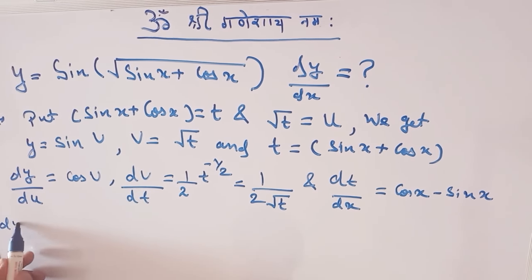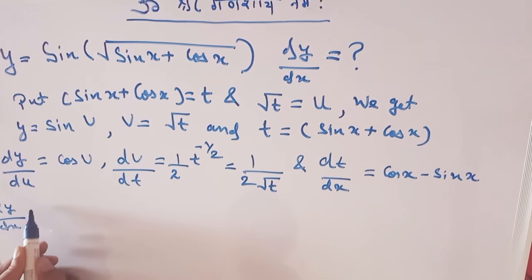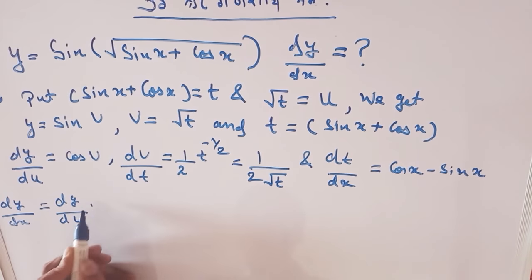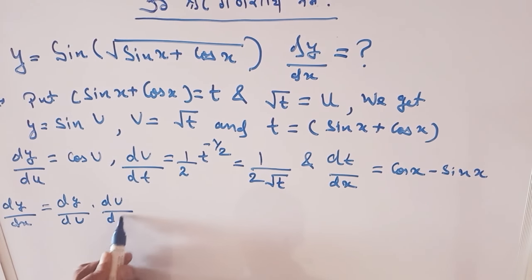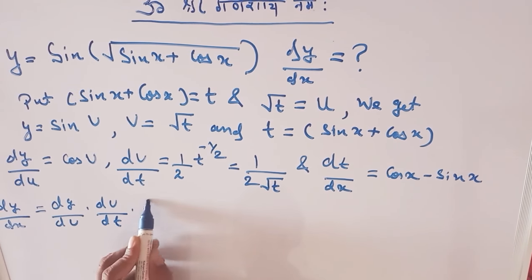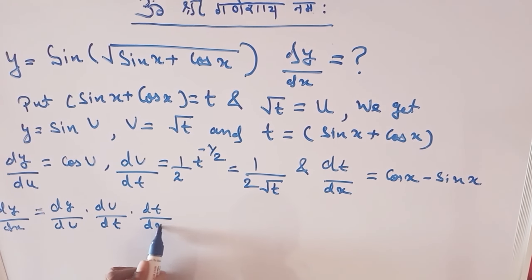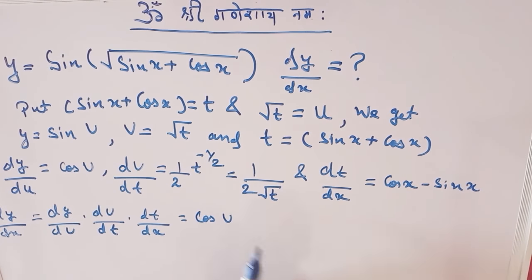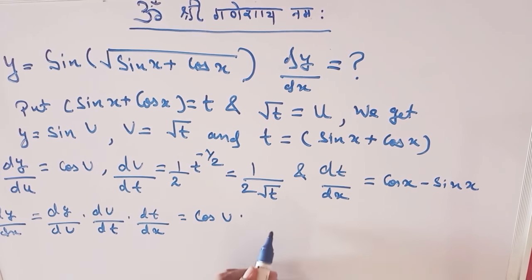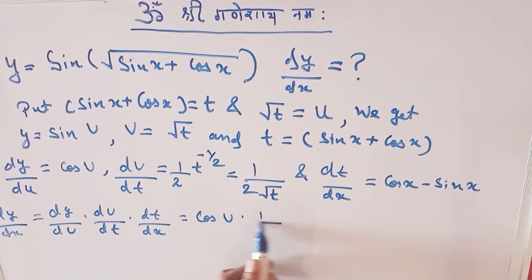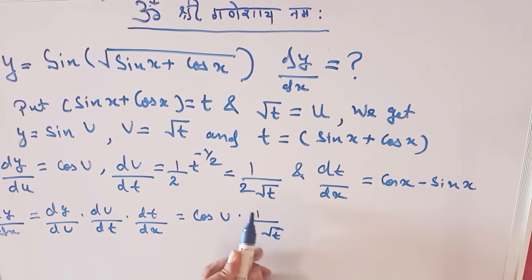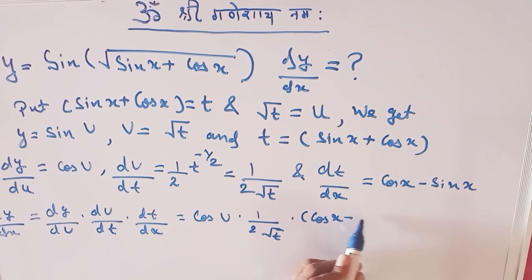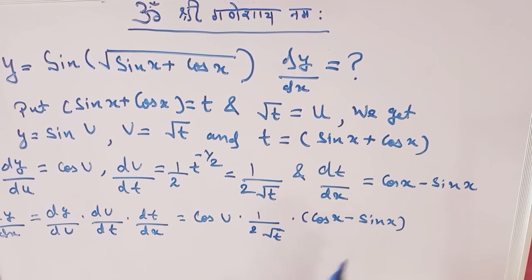Now dy upon dx will be dy upon du multiplied by du upon dt and dt upon dx. So dy upon du is cos u, multiplied by du upon dt which is 1 upon 2 root t, multiplied by cos x minus sin x.